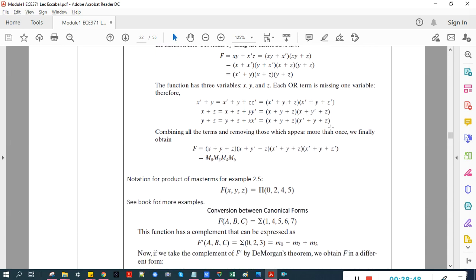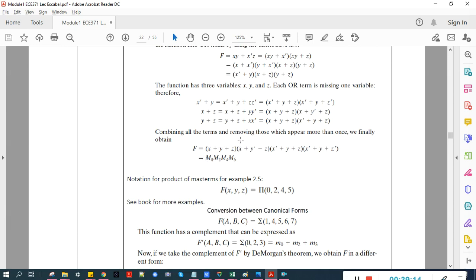F is equal to the product of max terms, and these max terms are 0, 0, 0. This is M0, remember? If it is not complemented, then it's 0. It's not complemented, it's 0, 0, 0, and that's max term 0.